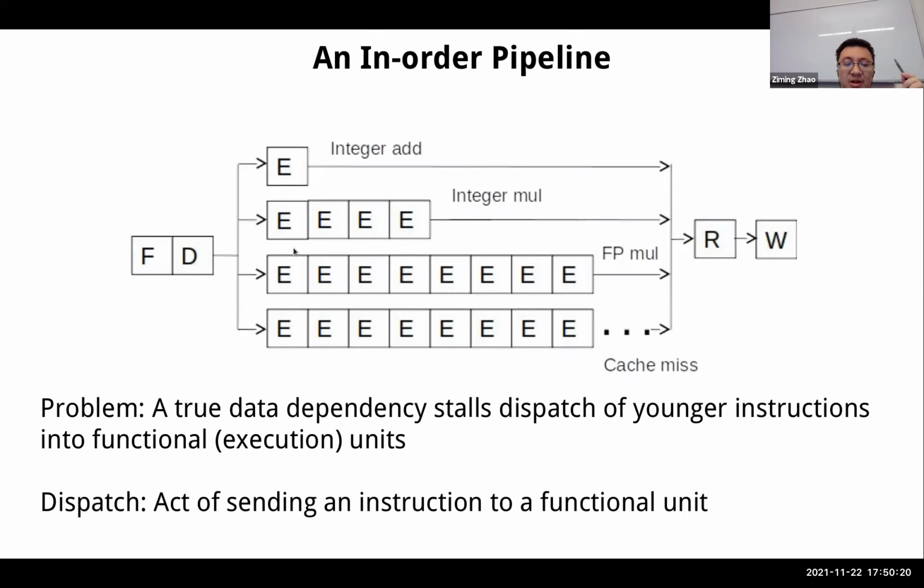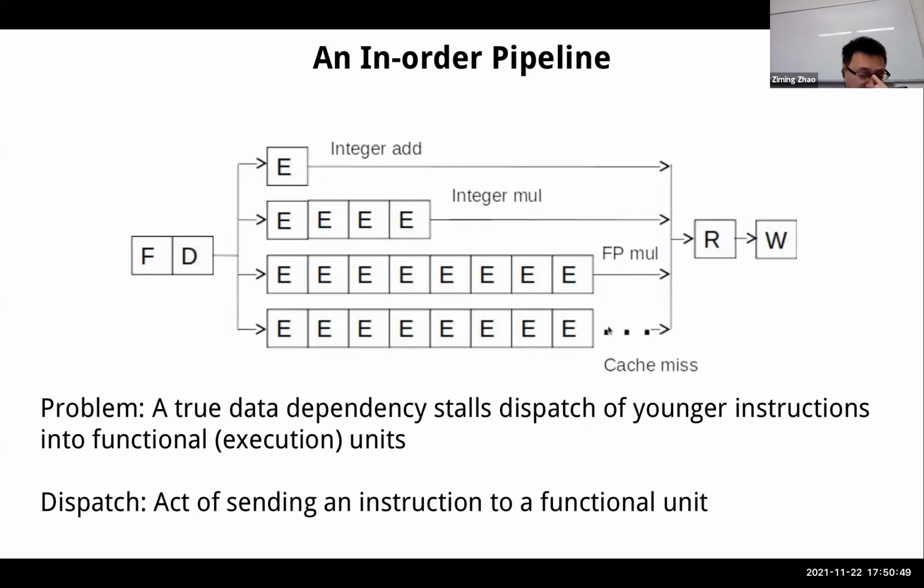However, some of the stages, especially execution, may take more than 1 CPU cycle. Let's say each block here means 1 CPU cycle. Every fetch takes 1 cycle, every decode takes 1 cycle, but execution depends on the instruction. Sometimes it takes one cycle, sometimes multiple cycles.